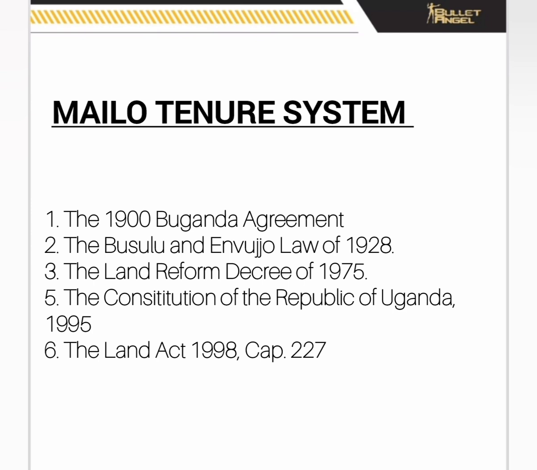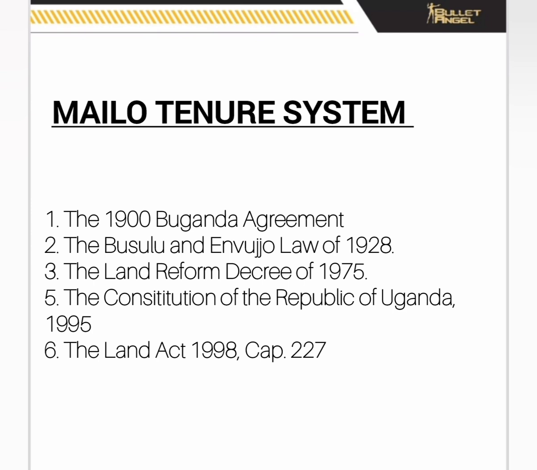One, there was a provision that if a Mailo owner allowed a person to settle on his or her land, the Kibanja holder was deemed to enjoy an inheritable permanent right of occupancy, subject to payment of a fixed annual rent. Secondly, the law set a limit on the fee to be paid to the landlord.